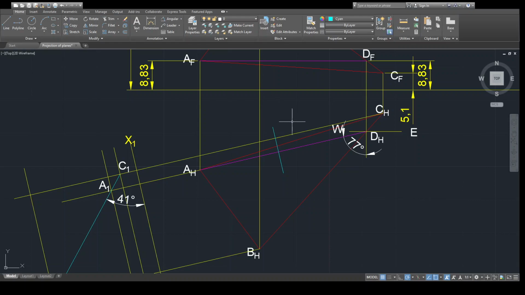Now what I will do is go for the bearing direction.